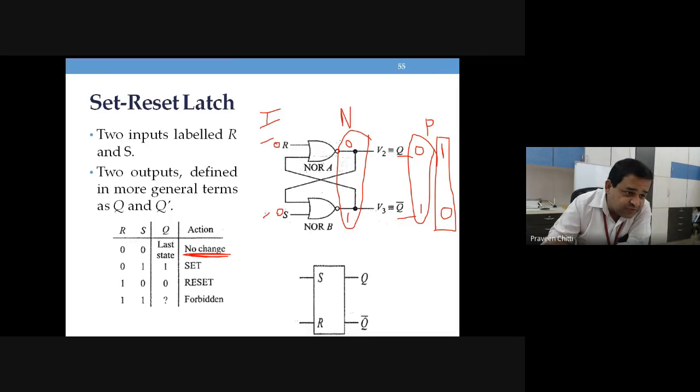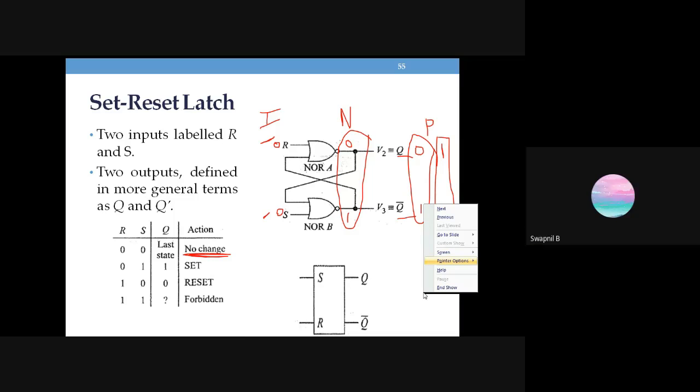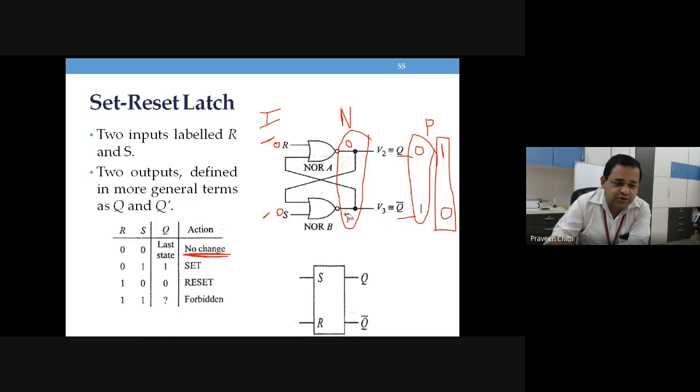Again, I will give the inputs as 0, 0. I'll give R equal to 0, S equal to 0. Can anybody tell me now what will be the output? 1, 0. I have removed this now.